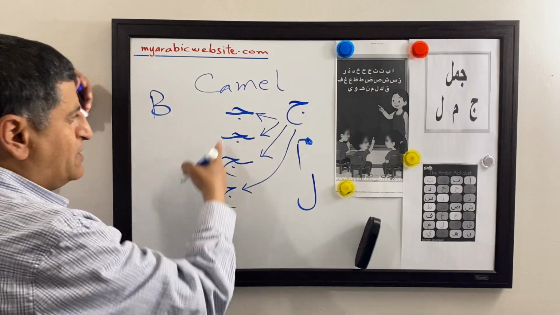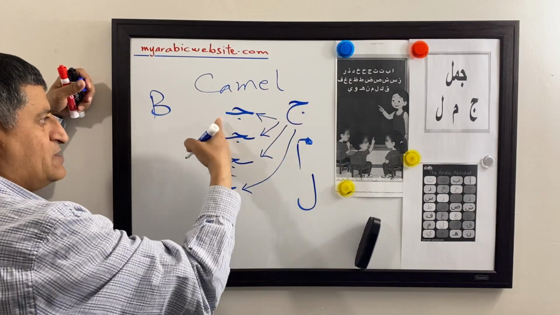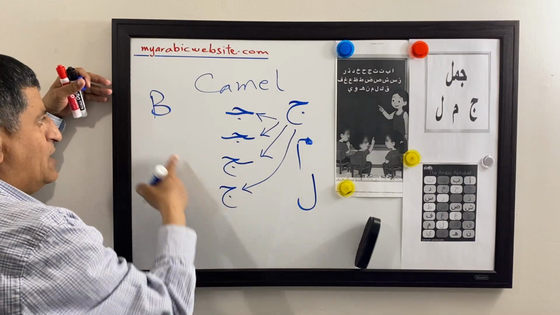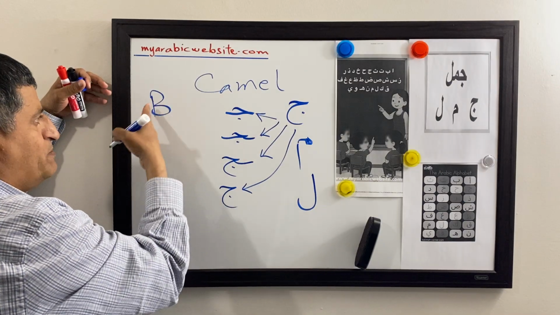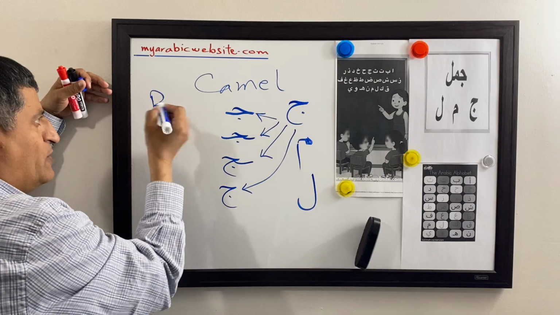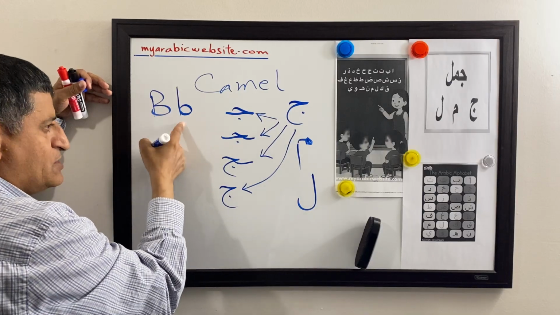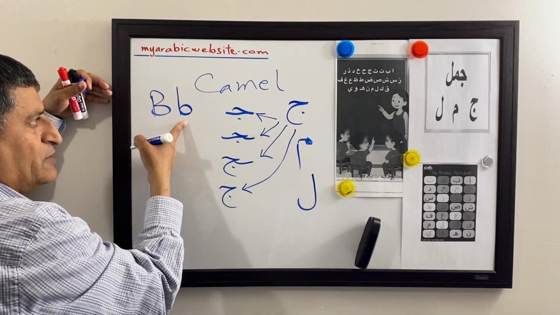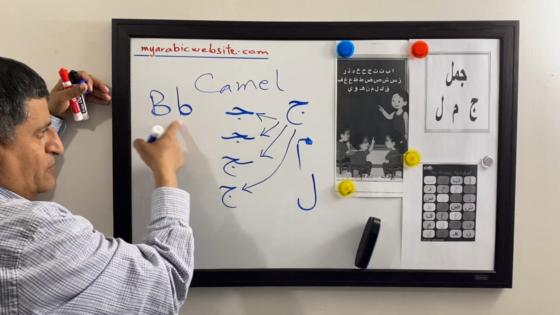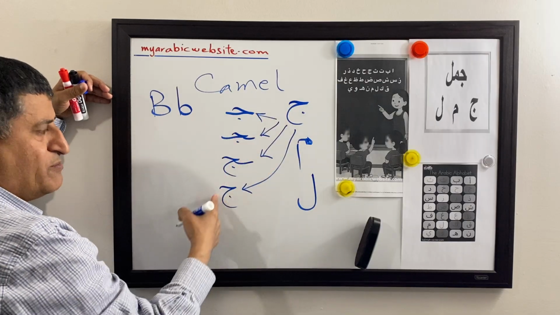So most Arabic alphabet letters have 3 or 4 forms. In English, we have only B uppercase or capital, and B lowercase or small. 2 forms in English. In Arabic, we have many forms.